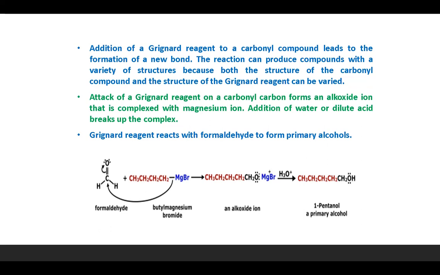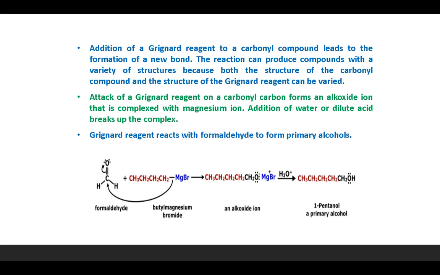A Grignard reagent reacts as if it were a carbanion. Attack of a Grignard reagent on a carbonyl carbon forms an alkoxide ion that is complexed with magnesium ion. Addition of water or dilute acid breaks up the complex.